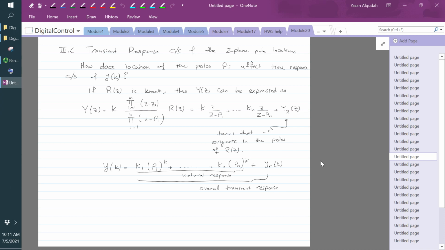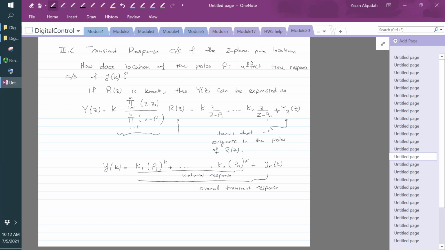So if we have a system where r of z is known and we're going to calculate the response of the system y of z, we can express y of z as the transfer function multiplied by r of z, and then I'm going to expand this expression as k1 over z minus p1 all the way to kn multiplied by z over z minus pn, plus all the terms that are going to come as a result of that input.